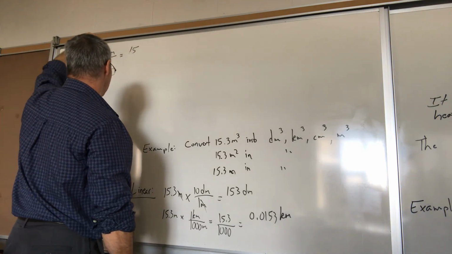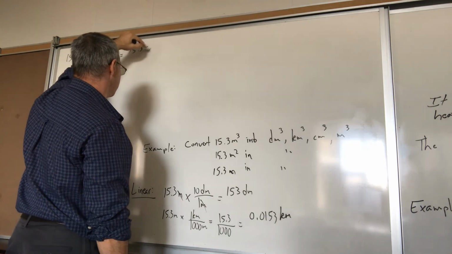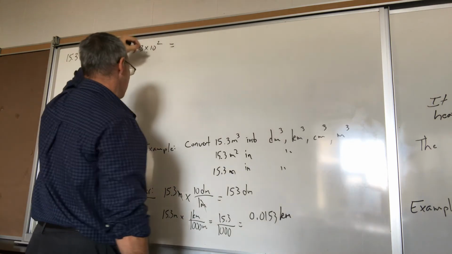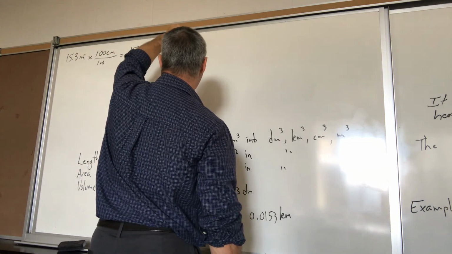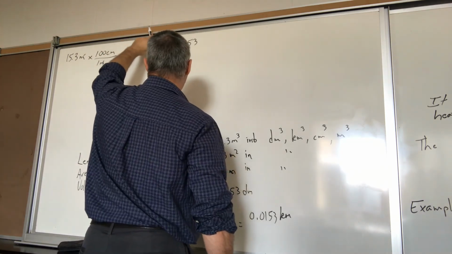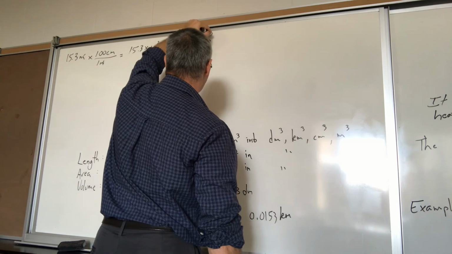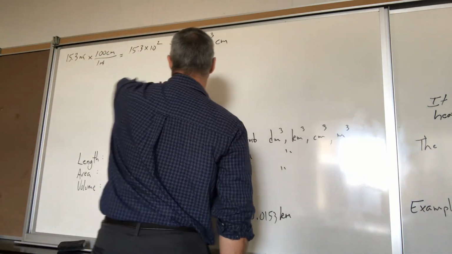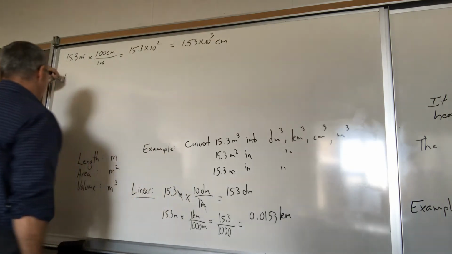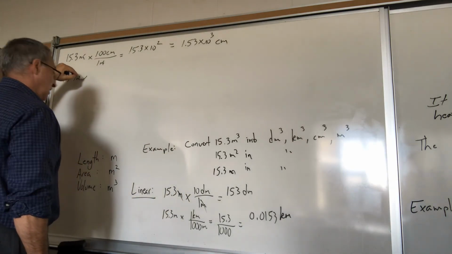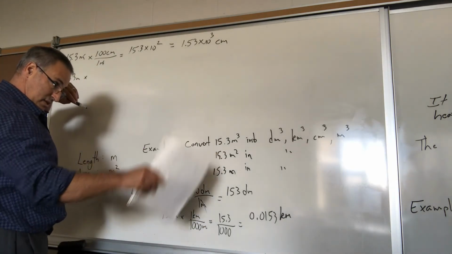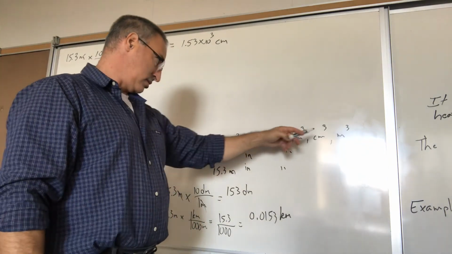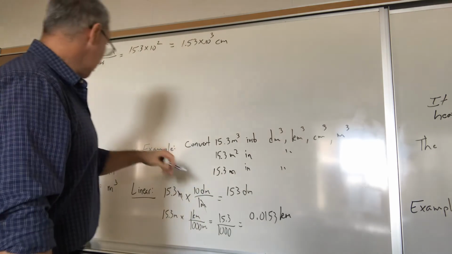Or I could say 15.3 times 10 to the 2, because that's what 100 is. And then I can turn that into scientific notation by moving the decimal over by 1, which means I have to make this power 1 higher. So that's what you get as an answer for centimeters. And if I want to convert 15.3 meters into millimeters, what was the last one? Okay, meters cubed, it doesn't apply for that because it's the same unit.